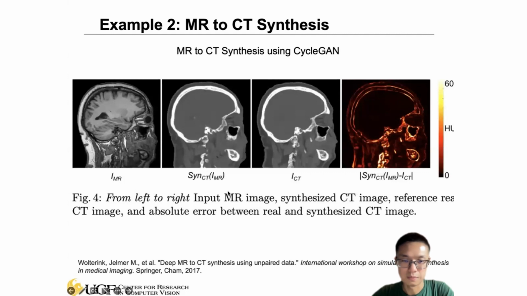And this is their result, right? We have this input MRI image of the brain, and this is the synthesized CT image, and this is their ground truth, which corresponds to this MRI image, right? So visually they look very similar, right?